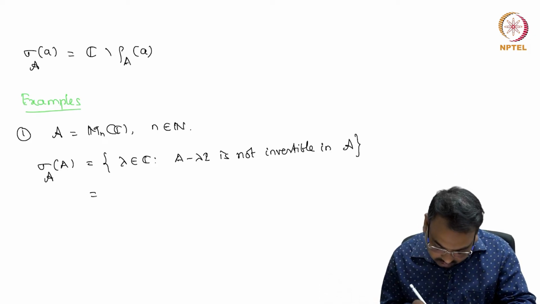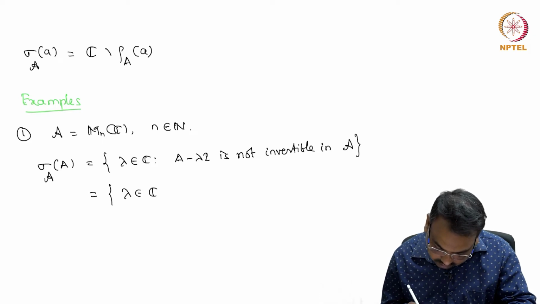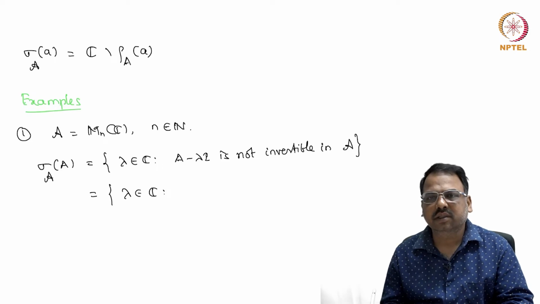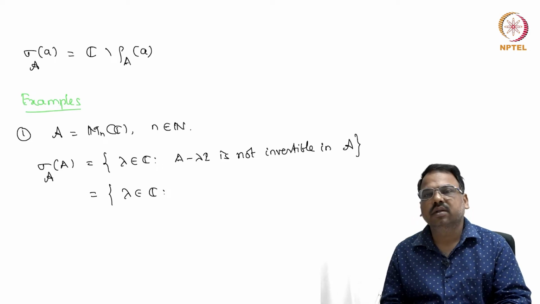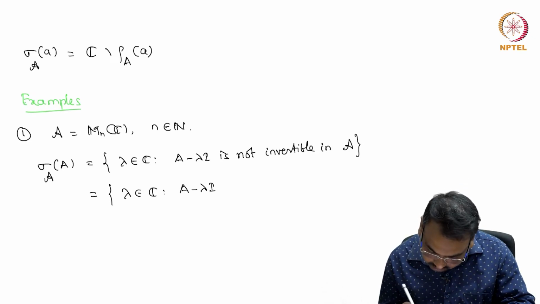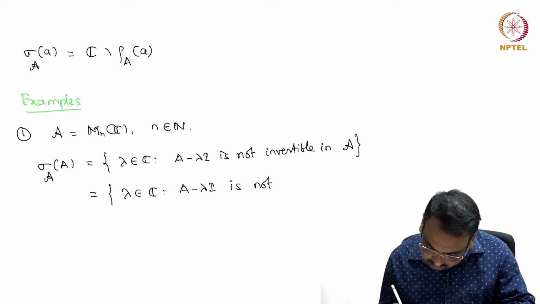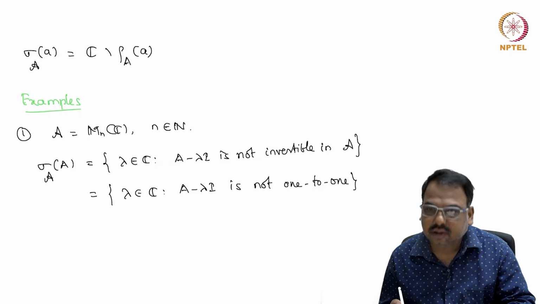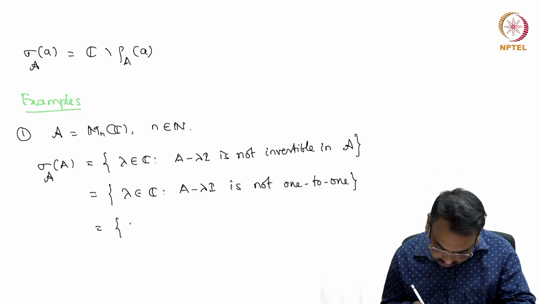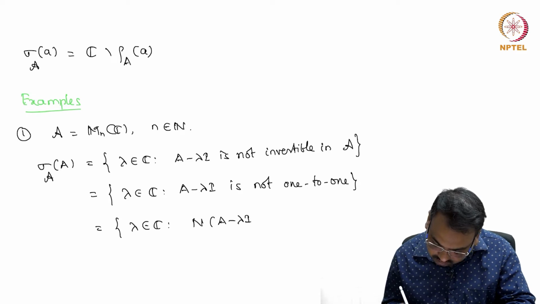Now this is nothing but, since a is a map from C^n to C^n, it is not invertible means it is not one-one, and that is equivalent to saying that it is not onto. So a minus lambda I is not one-one. That means the set of all lambda in C such that the null space of a minus lambda I is non-zero.